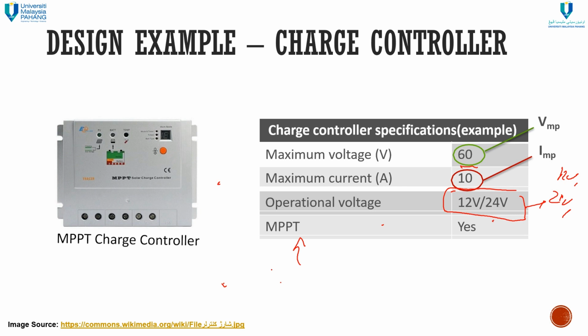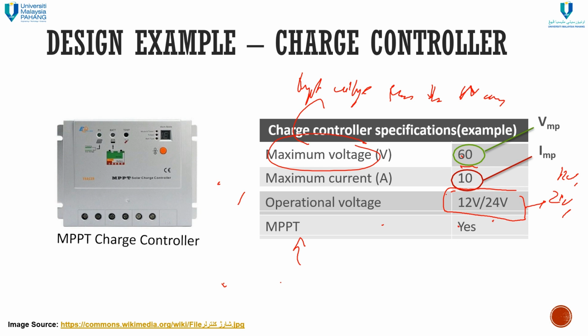So this is the VMP and this is the AMP. Maximum input voltage. Okay, sorry. This maximum voltage means the maximum input voltage from the PV array. Usually this one can support up to 24 or 48 sometimes. Maximum voltage is 60. So 60 will be regulated to exactly follow the system voltage of the battery.